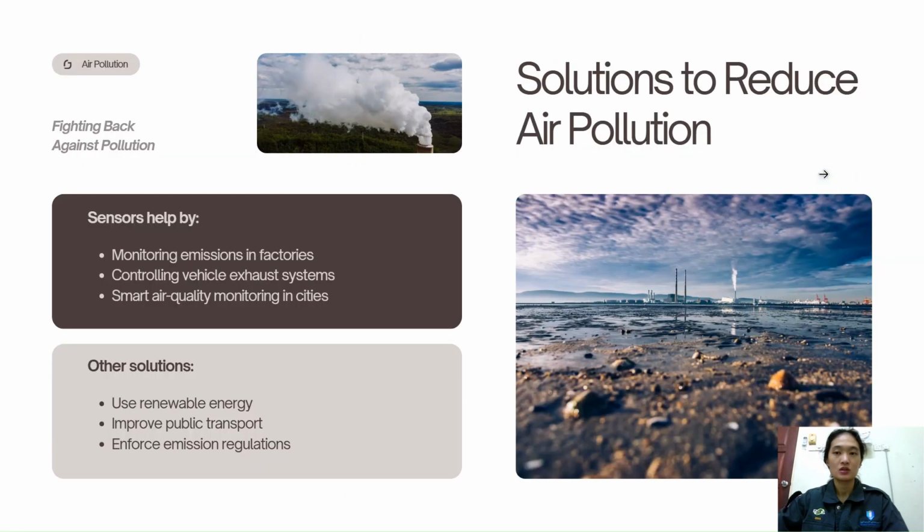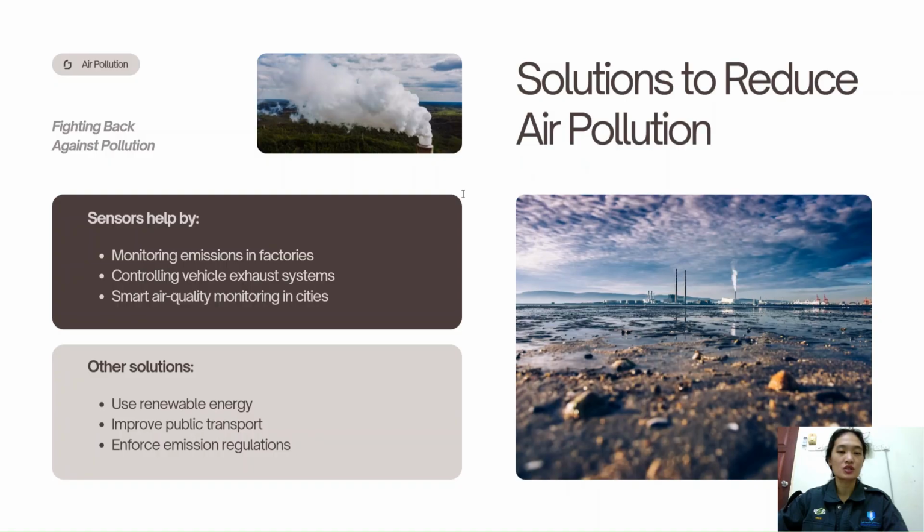Solutions to reduce air pollution. NDIR sensors are commonly used in indoor air quality monitoring, HVAC systems, and environmental monitoring stations. Metal oxide sensors are widely used in gas leak detection, industrial safety systems, and low-cost air quality monitoring devices.